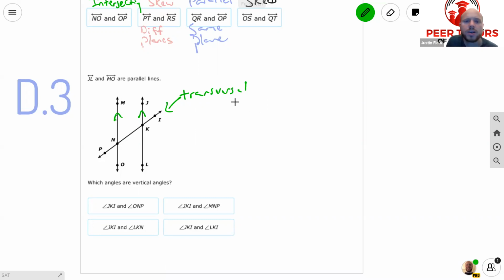We have corresponding angles. We have alternate interior angles. We have alternate exterior angles.